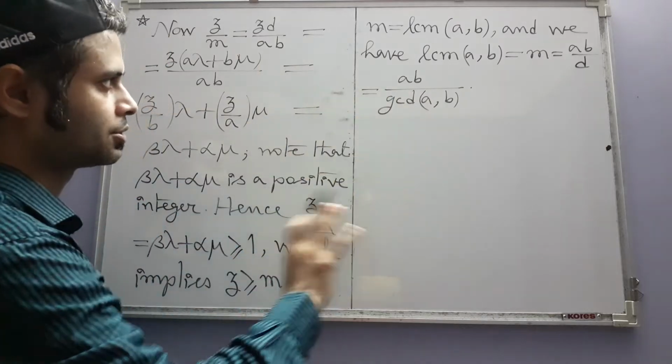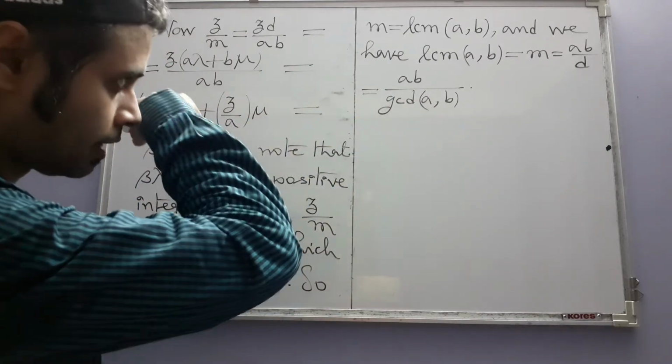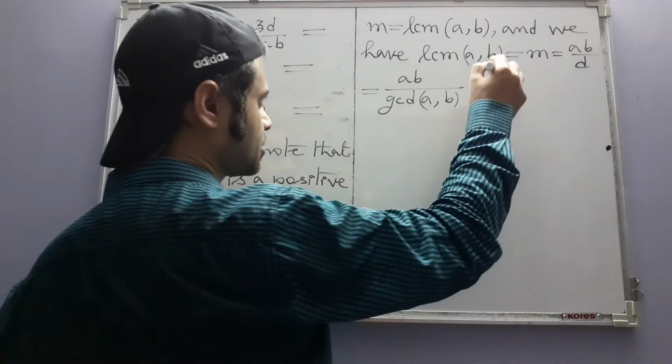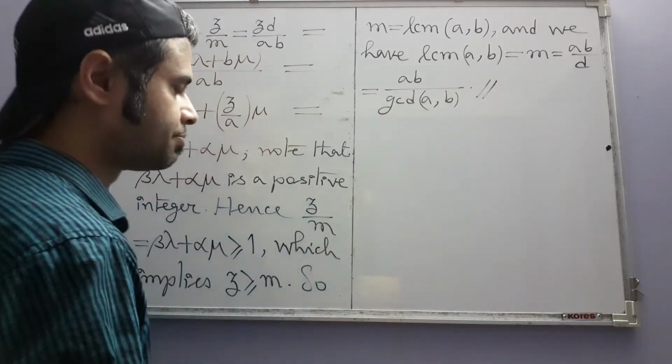You multiply on both sides by GCD of A and B and you get the exact equation that we have in the statement of this theorem. So I end the proof here itself.